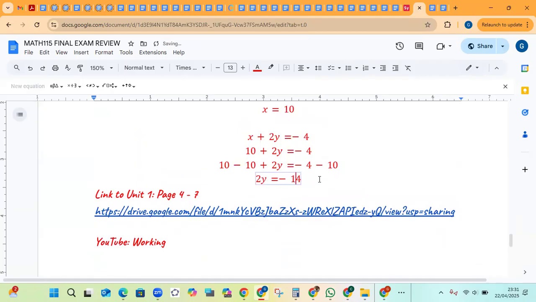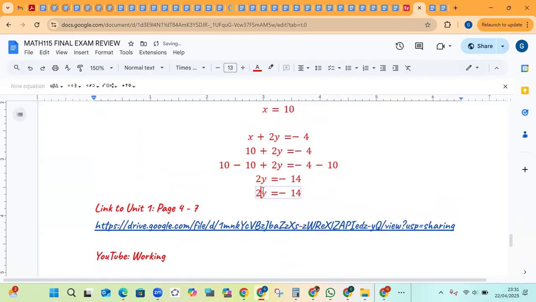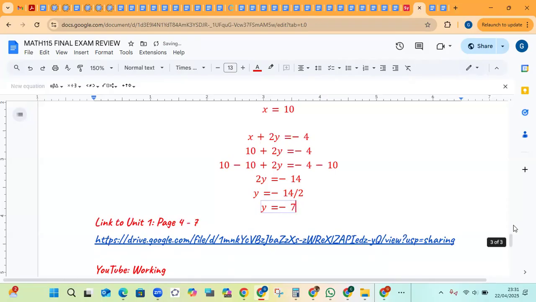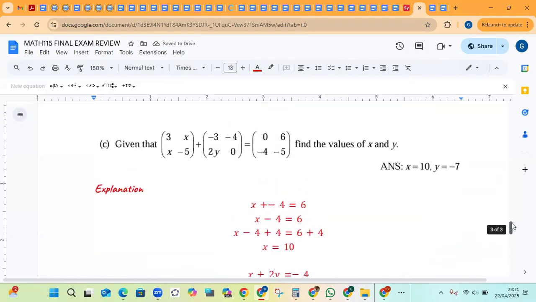Now we can divide by 2 on both sides to cancel out 2, and we are left with y is equal to negative 14 divided by 2, which is negative 7. Let us take a look at the answer that we are given.